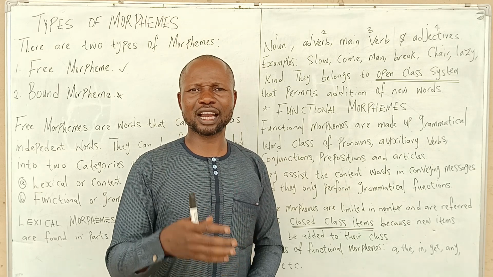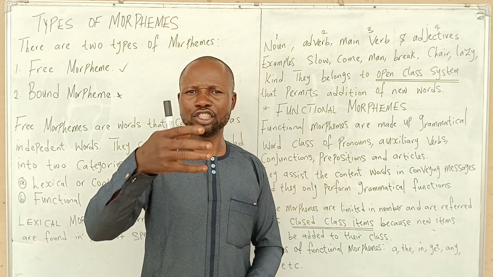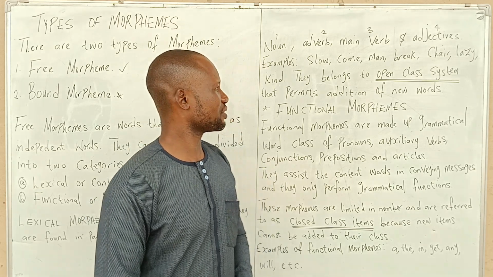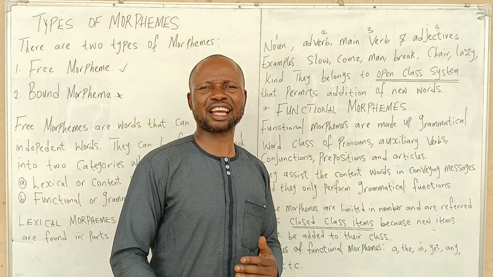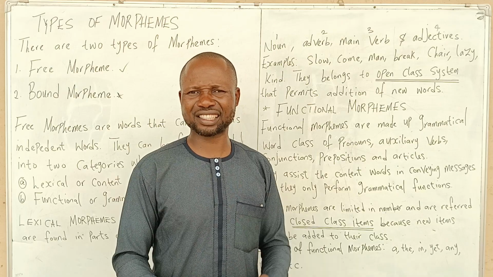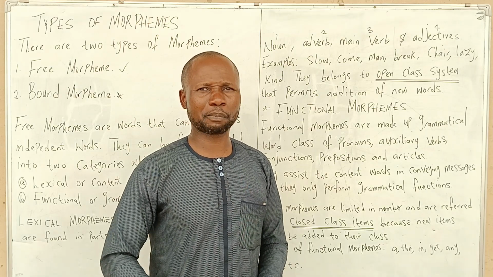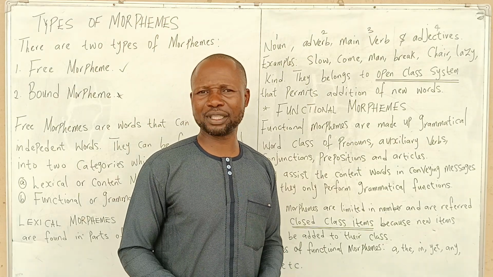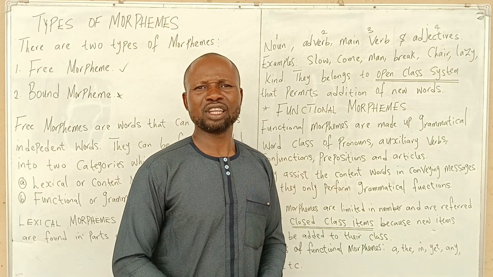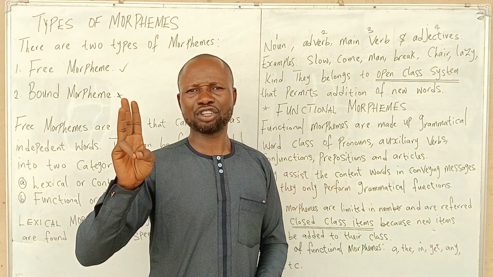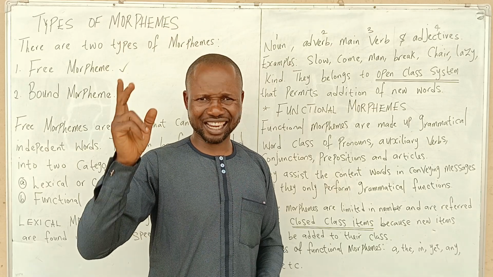Adjectives as well can accommodate new words, but there are some parts of speech that cannot accept new words. For example, articles and determiners cannot accept new words, more especially articles. There are only three articles, which are the, a, and an.